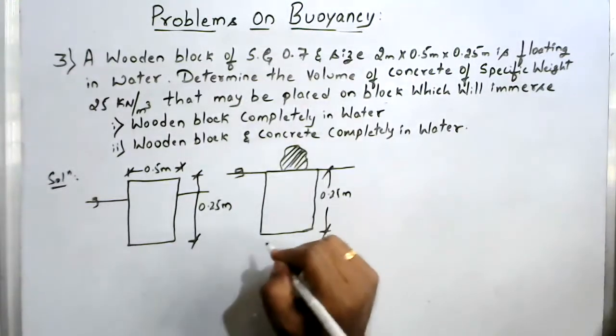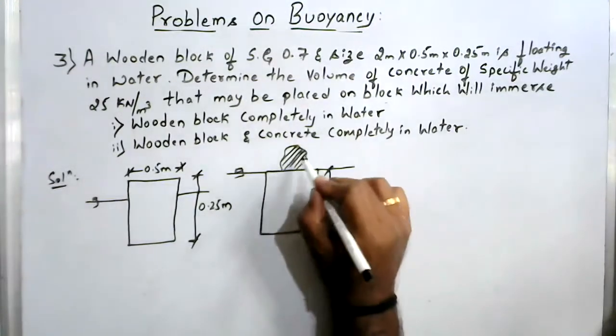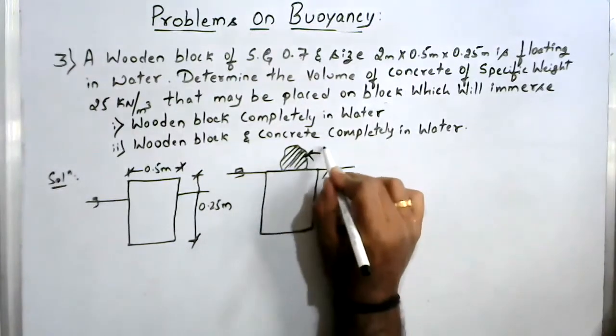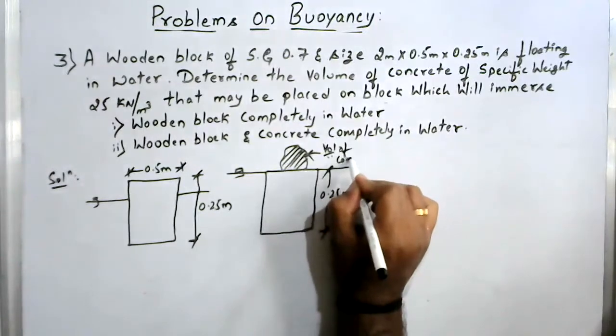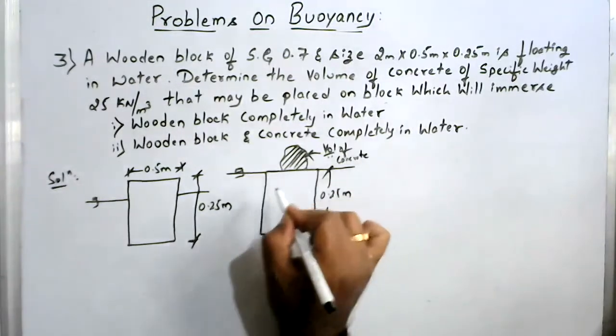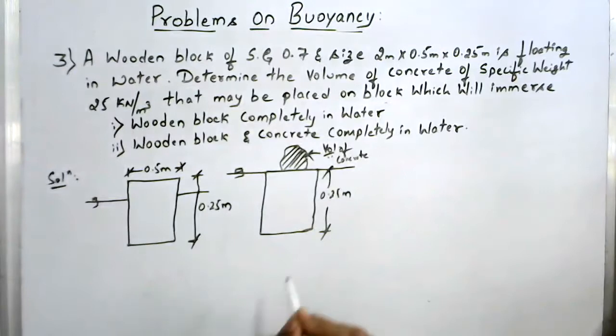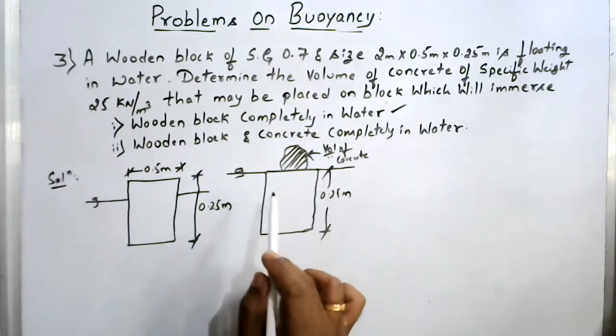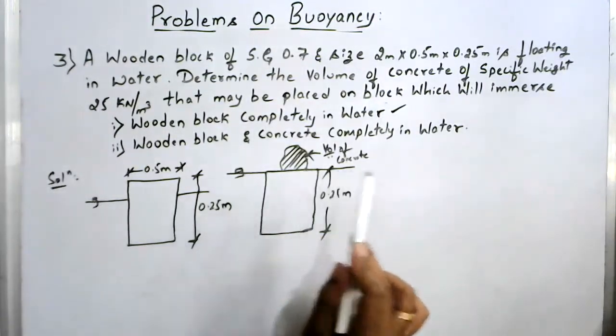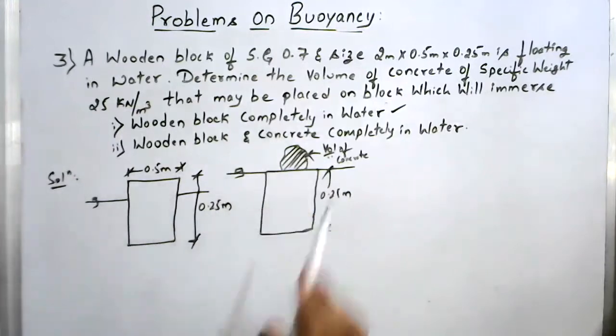You have to find the volume of concrete you have to place in order to immerse this wooden block completely in water. That is the first case. The second case is you have to find the volume of the concrete such that both the wooden block and the concrete are completely in water. So let me take case 1.